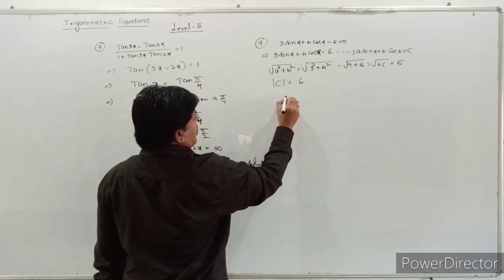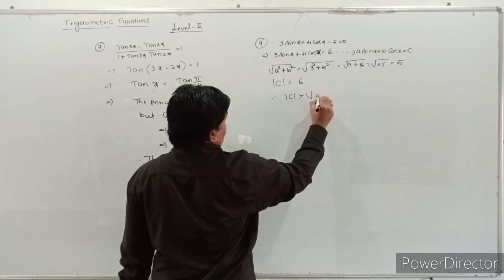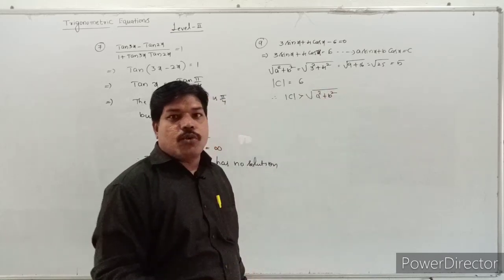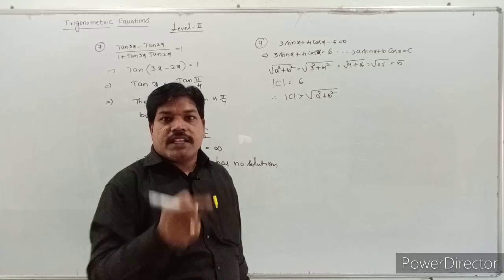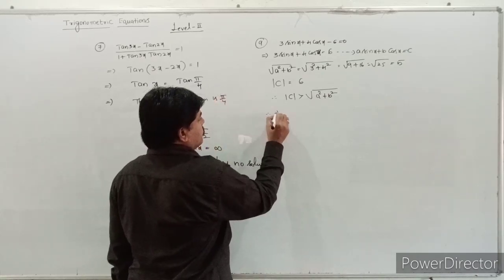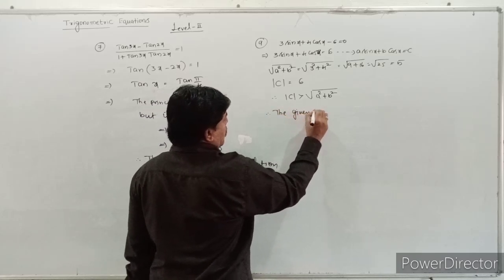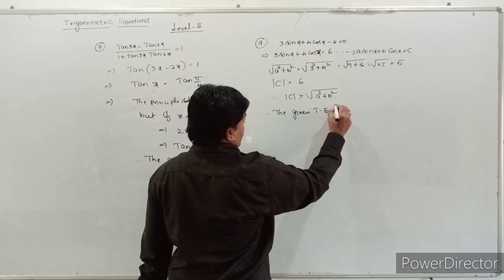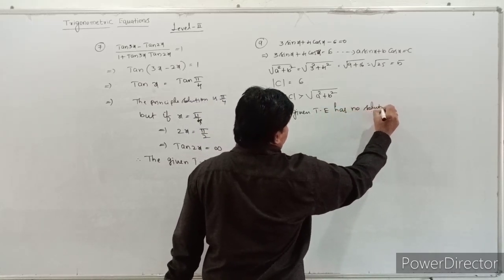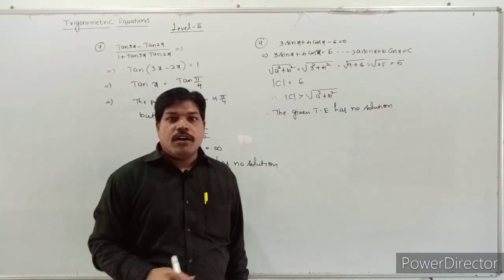So I observe that mod c is greater than root of a square plus b square. In that case, the given equation has no solution. So therefore, the given trigonometric equation has no solution. Okay students, it has no solution.